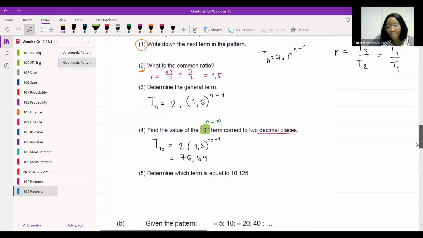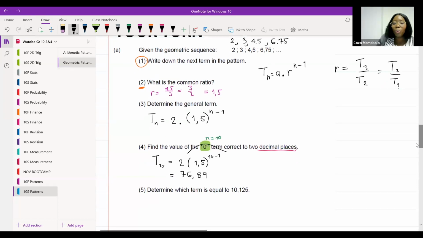Now, in this next question over here, it's going to take us a while, so I want you guys to stay with me. It says here, determine which term is equal to 10,125. So we're going to take this 10,125 and replace the whole of Tn with 10,125.